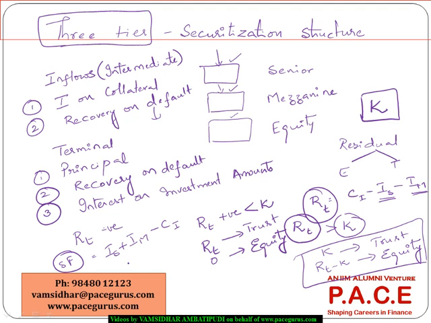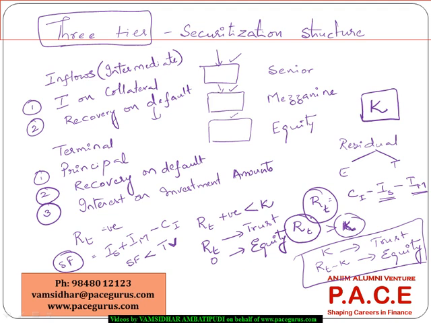So now we check whether this shortfall is less than the amount present in the trust value. How do I get the trust value? What are the amounts going into the trust? Every year, this K, your over collateralized value, goes into the trust and earns interest.